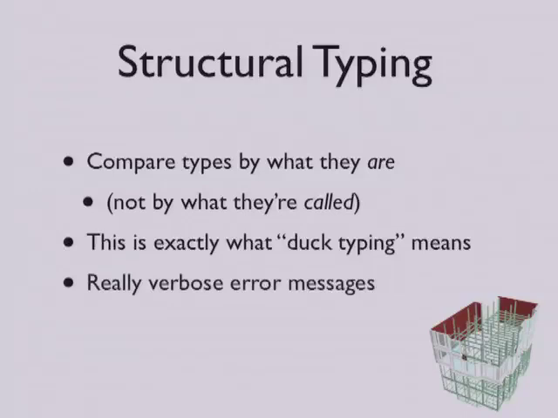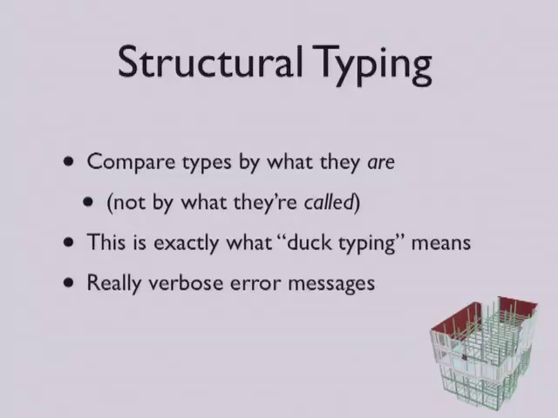Like it or not, things go wrong. Okay? We make mistakes, and sometimes our code just isn't internally consistent. And at that point, you need to get a type error if you're in a statically typed language. And if Java gives you a type error, it tells you something like, expected foo got bar, right?